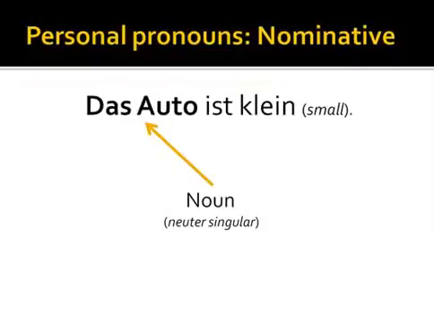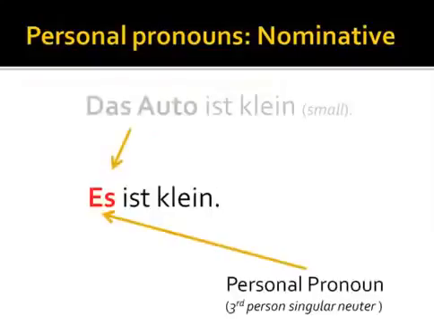What we can do here is substitute das Auto with es, a third person singular neuter personal pronoun. So instead of saying das Auto ist klein, which would be 5 syllables, we can instead say 3 syllables, es ist klein. So it comes out quicker, it's easier to say.